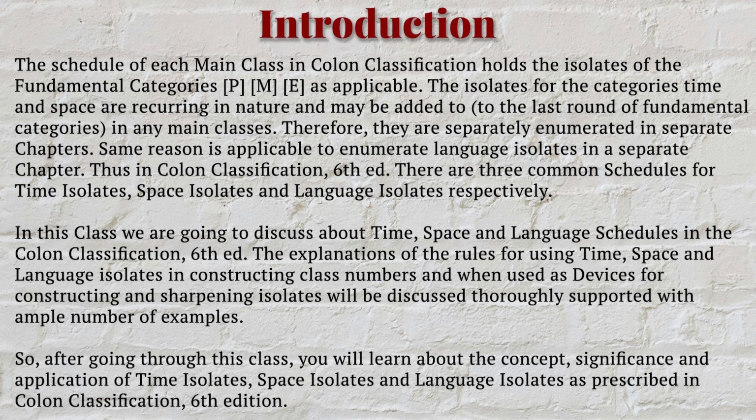Therefore, they are separately enumerated in separate chapters. The same reason is also applicable to enumerate language isolates in a separate chapter. Thus, in colon classification 6th edition, there are 3 common schedules for time isolates, space isolates and language isolates respectively.